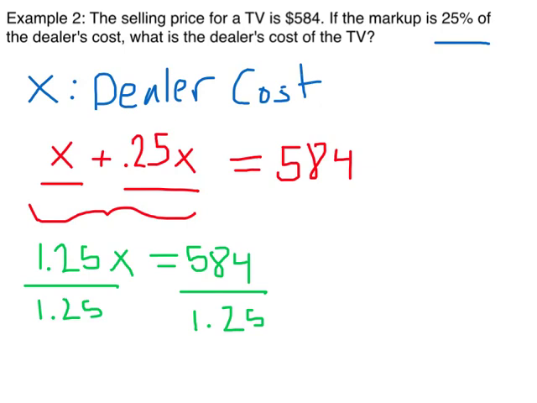So I can rewrite 1.25 as 5/4 because 5/4 equals 1.25. So I just wrote that as a fraction. And so I could multiply both sides by 4/5.